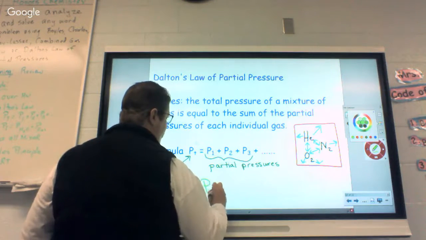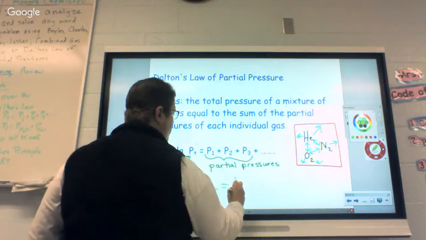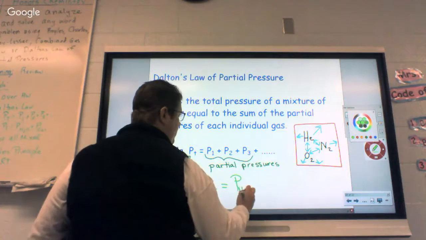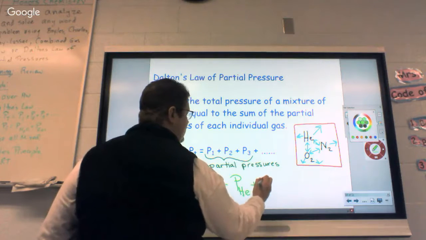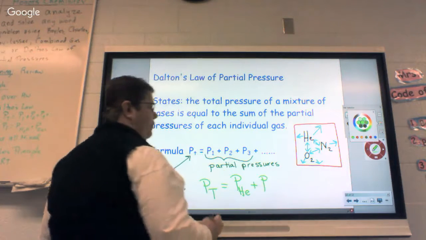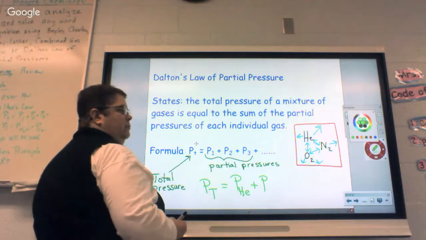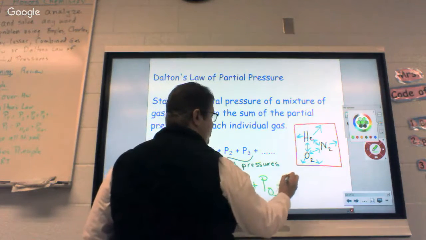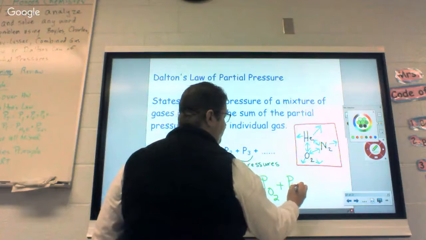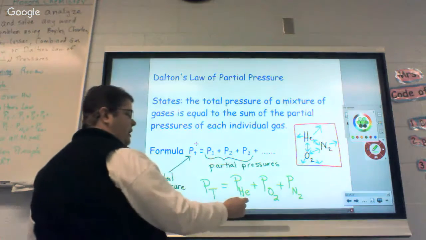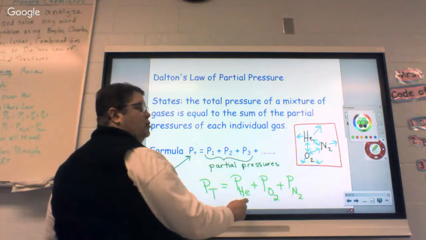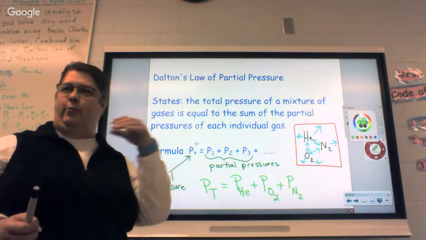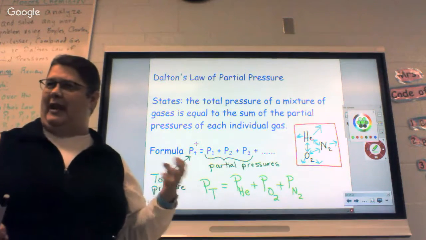So pressure total is equal to the pressure of helium plus the pressure of who else? Yep, plus the pressure of nitrogen. The pressure that helium exerts is called partial pressure because it only exerts a piece of the pressure inside of the gas canister.